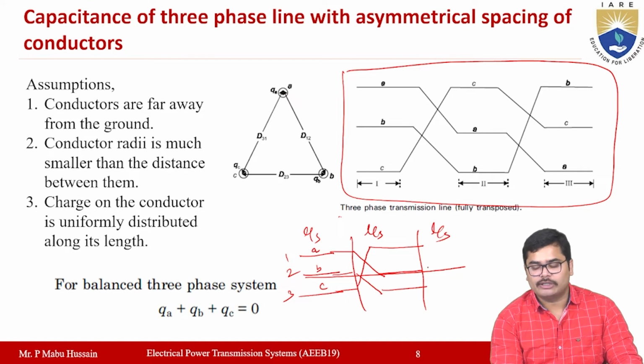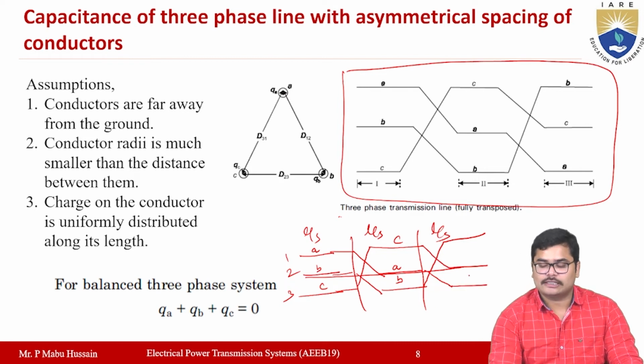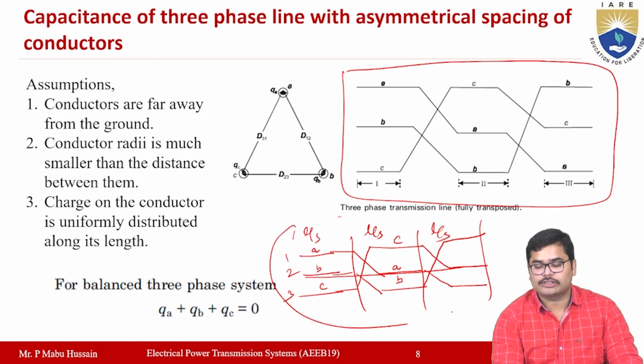Then conductor A will occupy the third position, conductor B will occupy the first position, and conductor C the second position. So this is one completed transposition cycle.